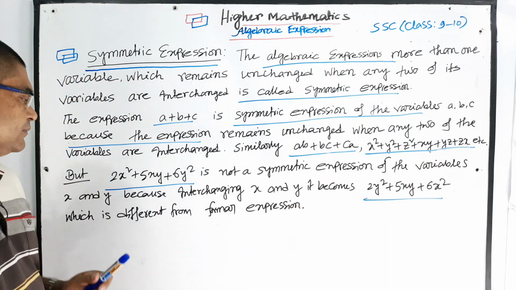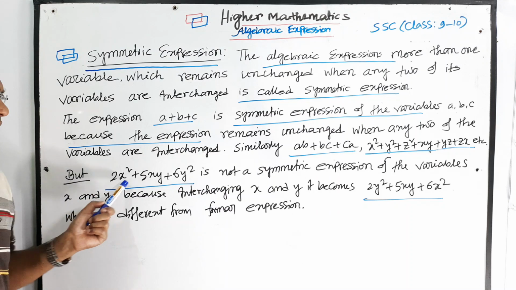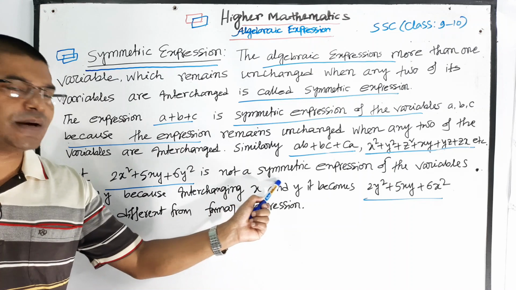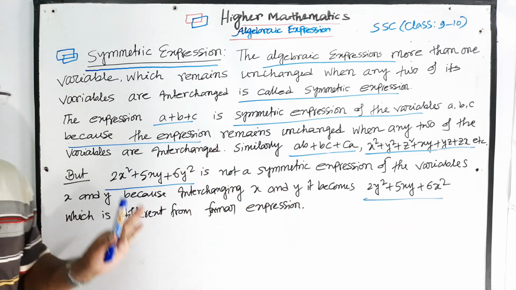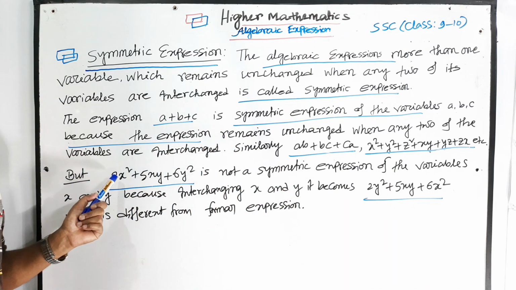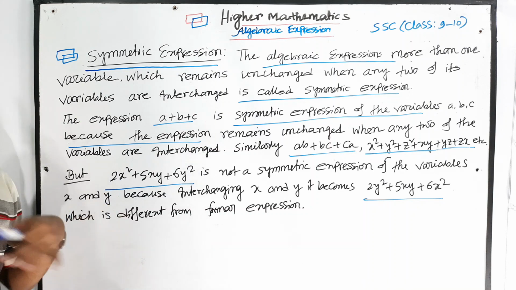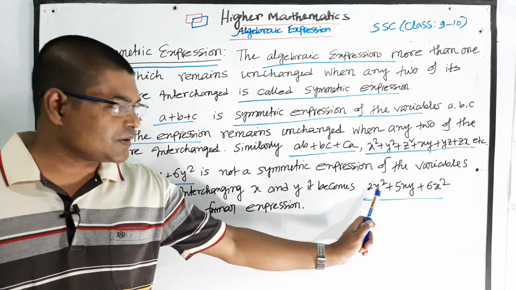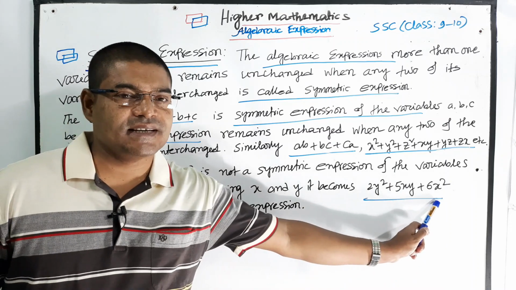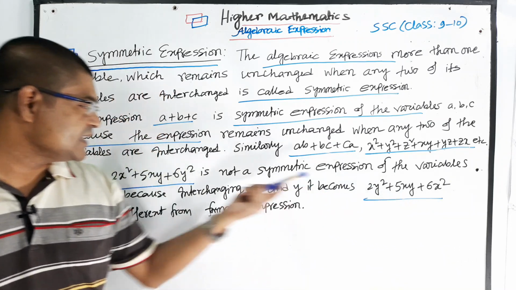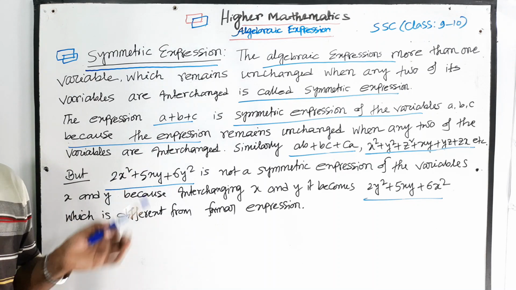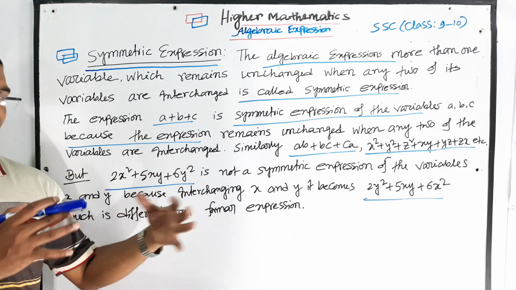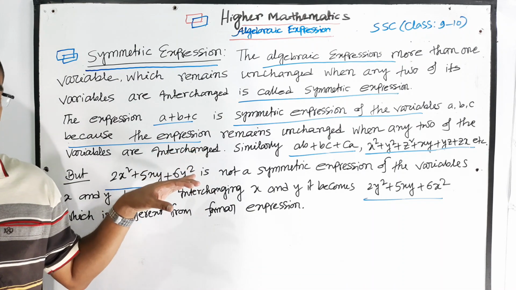But 2x square plus 5xy plus 6y square is not a symmetric expression, because if we interchange x by y and y by x, we will get 2y square plus 5xy plus 6x square. These are different. If different, this is not a symmetric expression.